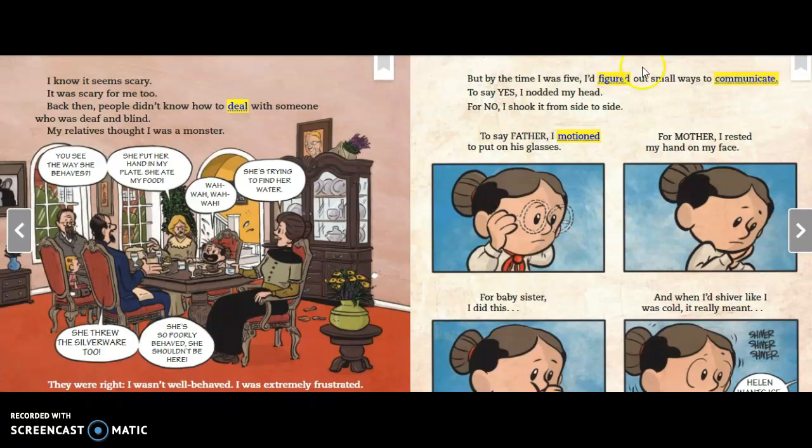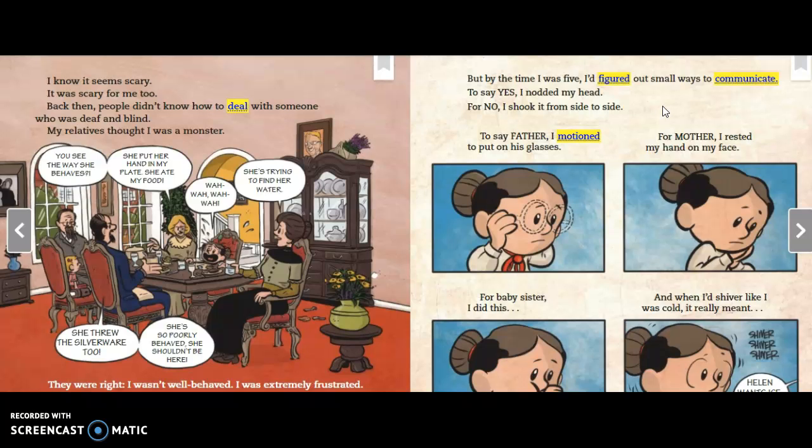I know it seems scary. It was scary for me, too. Back then, people didn't know how to deal with someone who was deaf and blind. My relatives thought I was a monster. You see the way she behaves? She put her hand in my plate. She ate my food. Wah, wah, wah, wah. She's trying to find her water. She threw the silverware, too. She's so poorly behaved. She shouldn't be here. They were right. I wasn't well behaved. I was extremely frustrated.